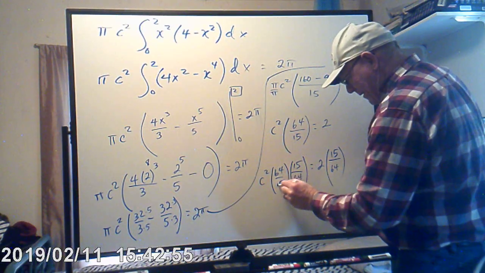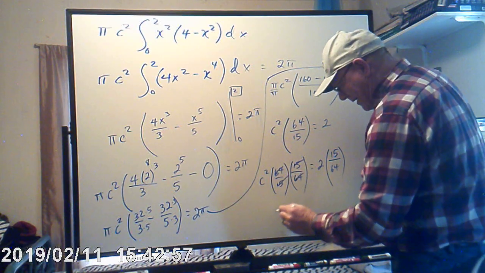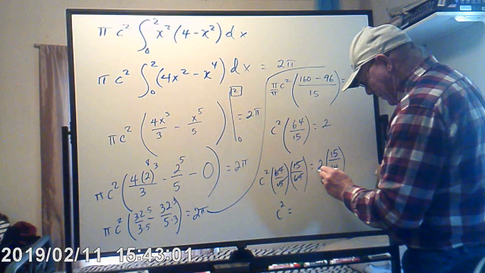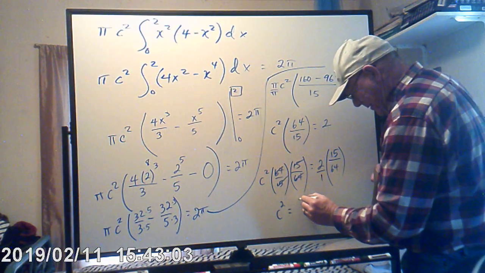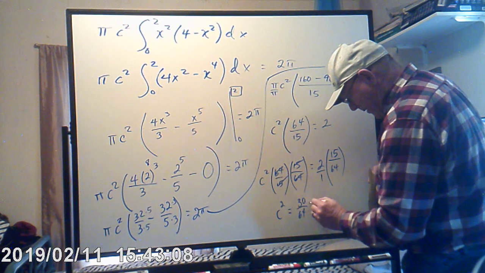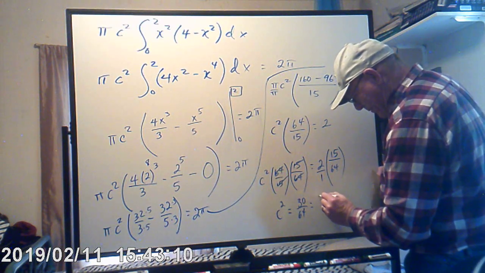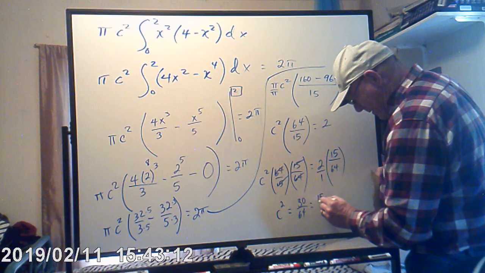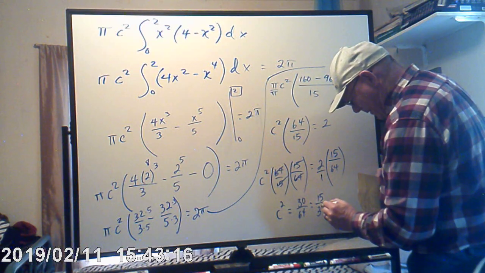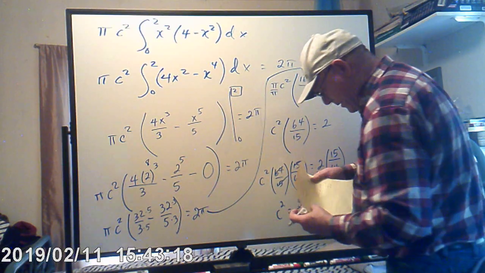Of course all of this divides out. So c squared is equal to 2 times 15 is 30, so 30 over 64, which is equal to 15 over 32. So that's c squared.